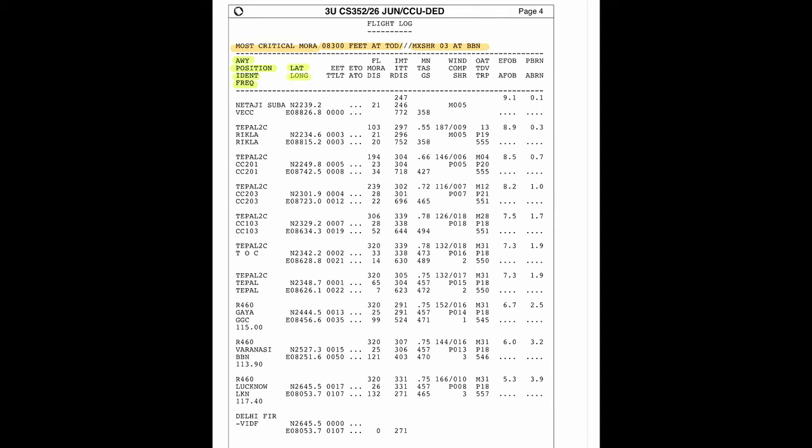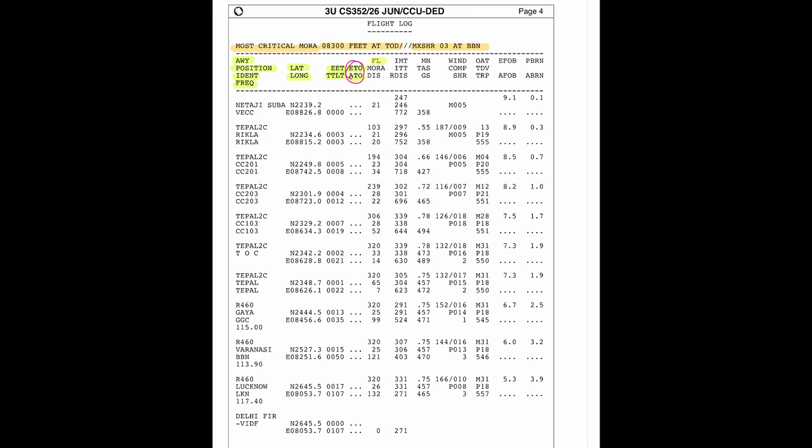Latitude and longitude, basically the position. EET means estimated elapsed time. ETO and ATO are basically estimated over time and actual over time, so basically that is approximately the holding time.